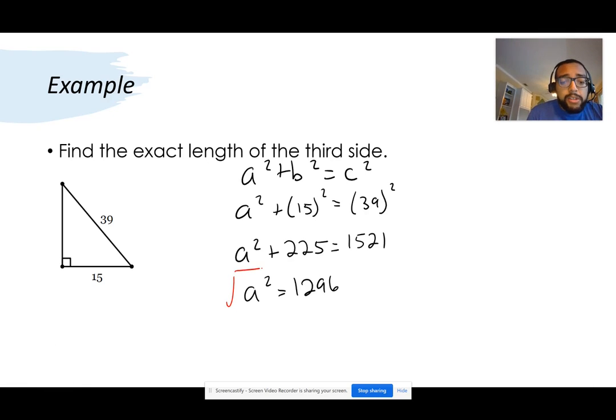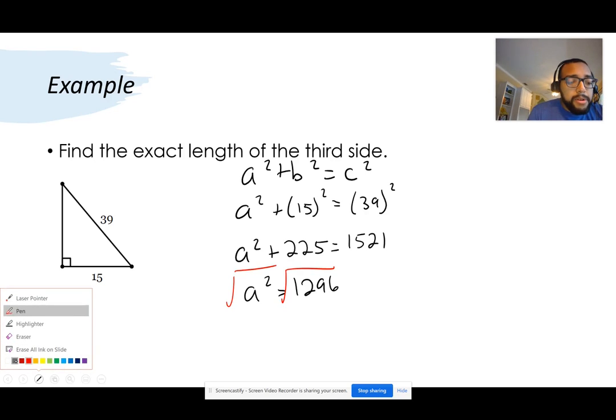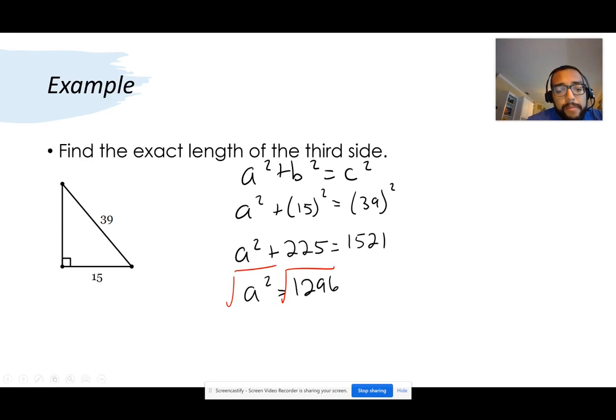So as we take the square root of both sides, if we get a whole number, that means it's a perfect square. If we get a decimal, that means we need to see if we can reduce this square root. And again, the reducing square root we just did in the last one. This case, we're lucky. We actually do get a whole number. This value of a is 36.